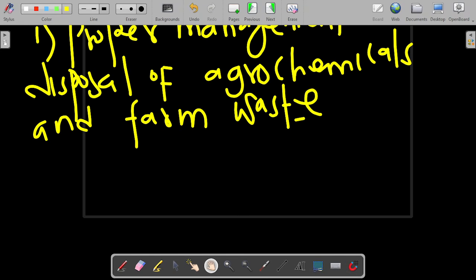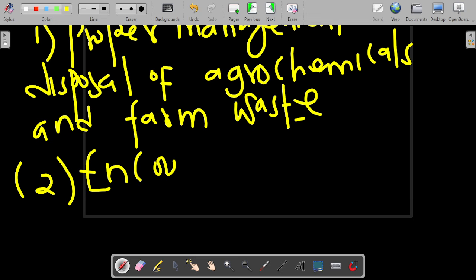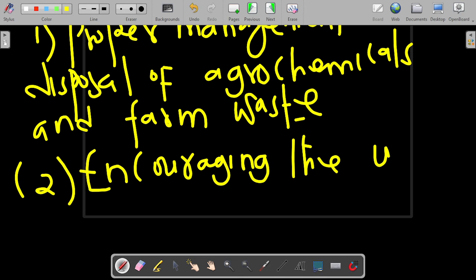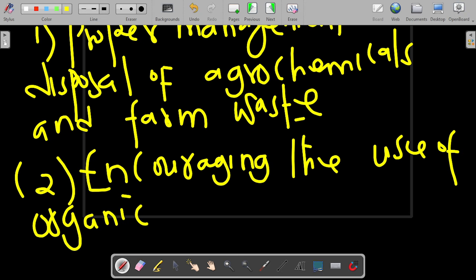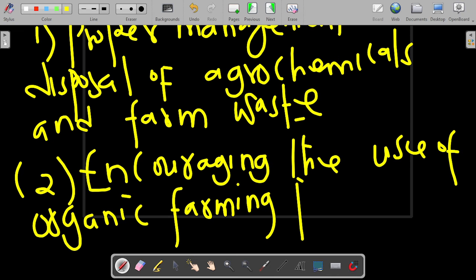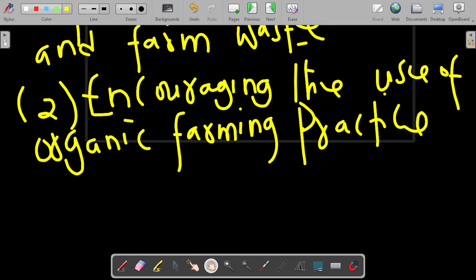Number 2, still on the solution to pollution, encourage the use of organic farming practices, because organic material easily decomposes.